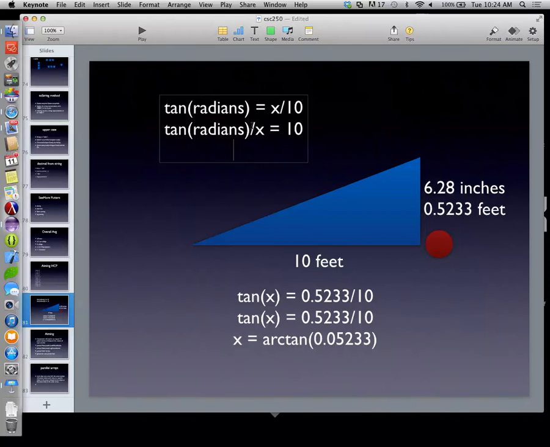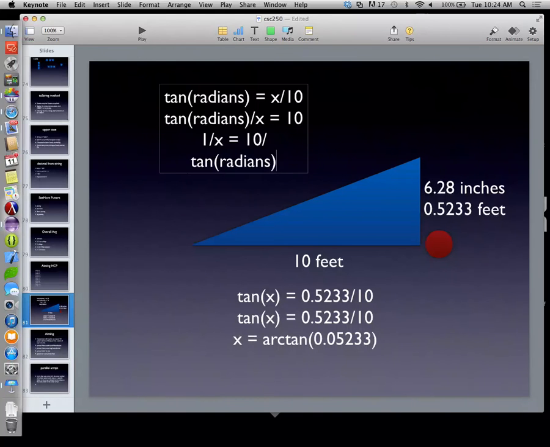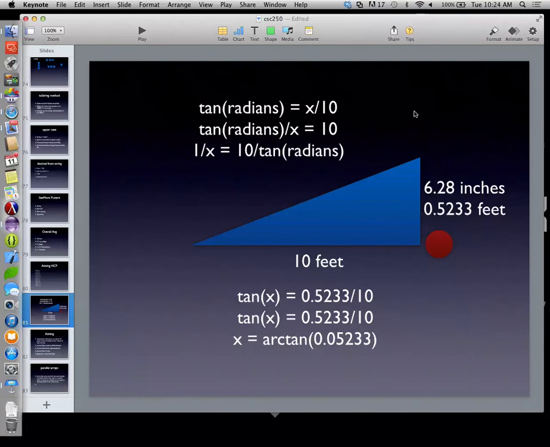Well, I multiply both sides by 1 over tangent over radians, or tangent of radians. That should give me 1 over x is equal to 10 over tangent of radians. Does that get us anywhere?